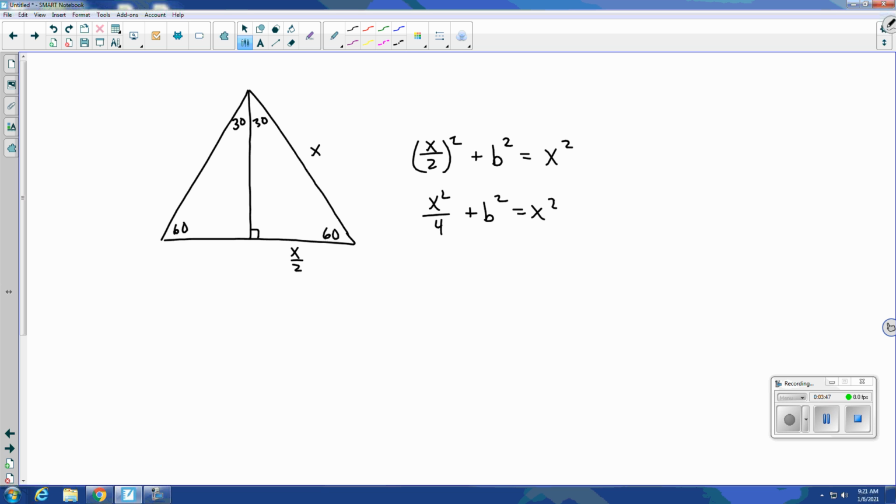If we subtract x squared over 4 from both sides, we have b squared equals x squared minus x squared over 4. I'll be able to combine these like terms. If I reformat it, maybe you'll see it better. I have one x squared and I take away a fourth, so we're going to have 3/4 x squared as a result.